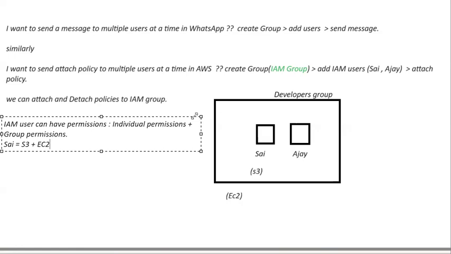Now Sai can use EC2 as well. Whereas coming to Ajay, he does not have any individual permissions initially, so he only has the group permission, which is EC2. Okay.